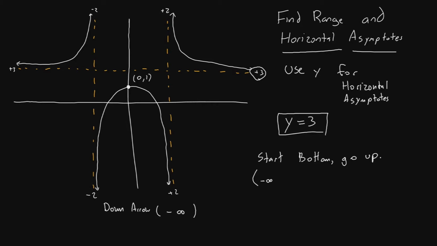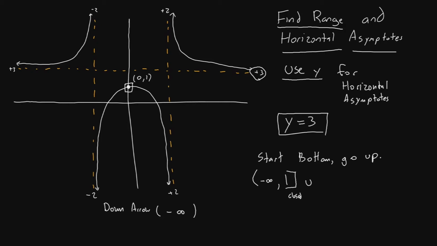Let's follow that piece upward. Here at the top of this piece, we have this closed circle at (0, 1). Now remember, for range we are using y, so the highest that piece goes is +1. So we'll say -infinity to 1. And since it is a closed circle, we use a square bracket. Now we go up to the next piece. We'll say union to show there is another piece coming.